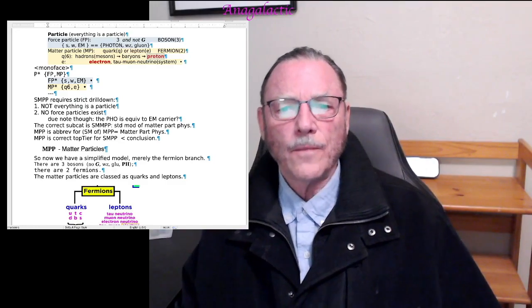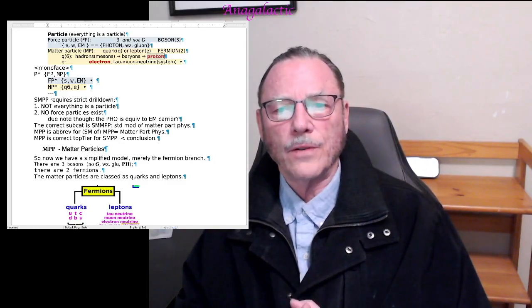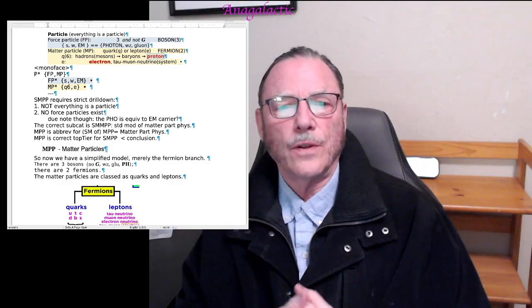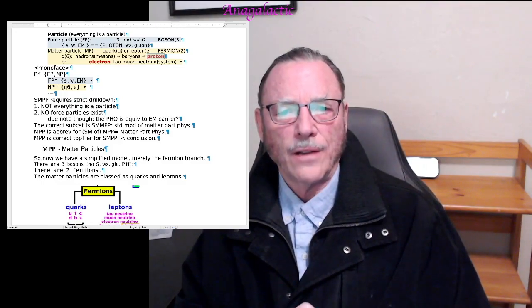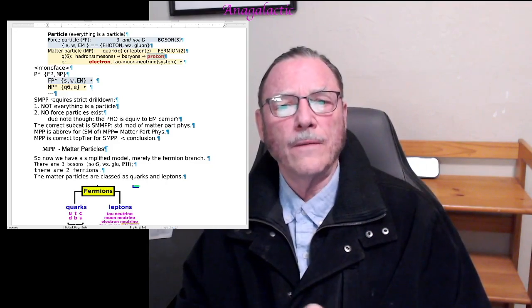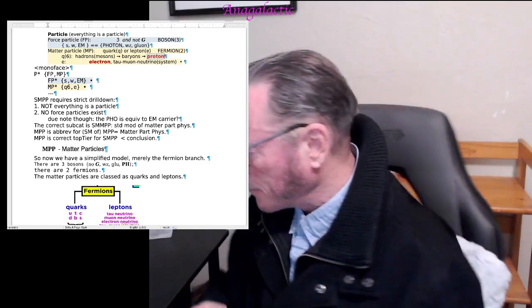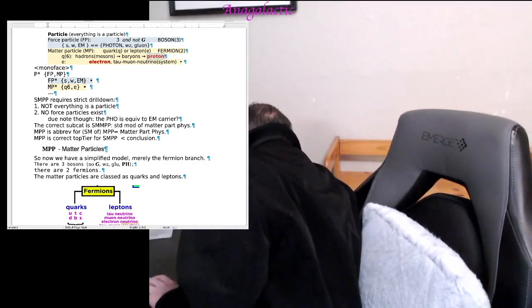Now in red, I've highlighted the proton because that is a particle. So the way the proton fits into this schema is as a mass particle called a hadron, also called a baryon. So that's a proton.